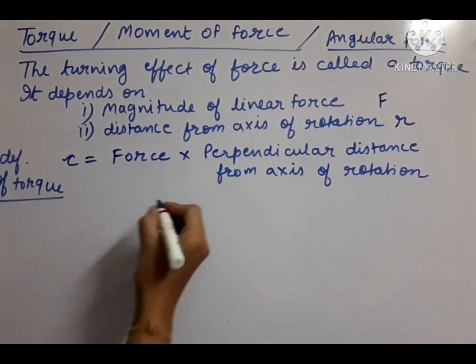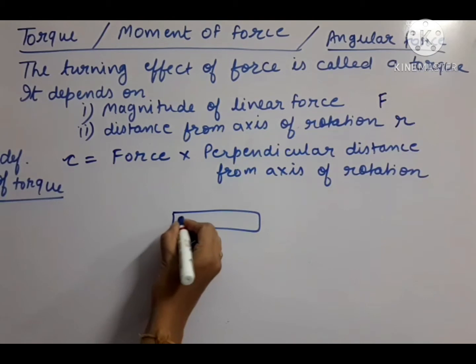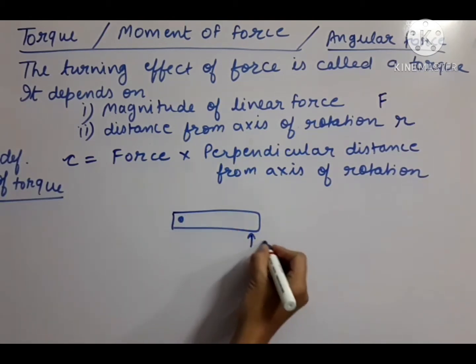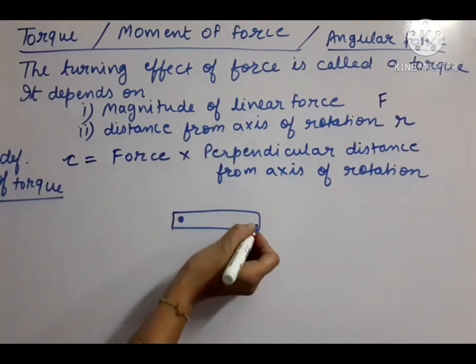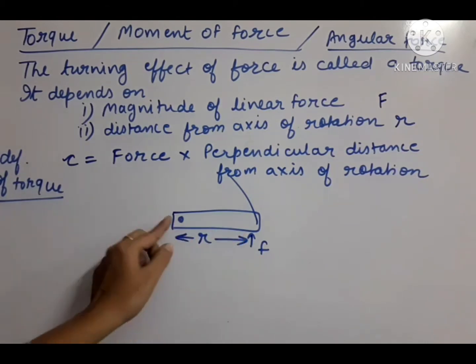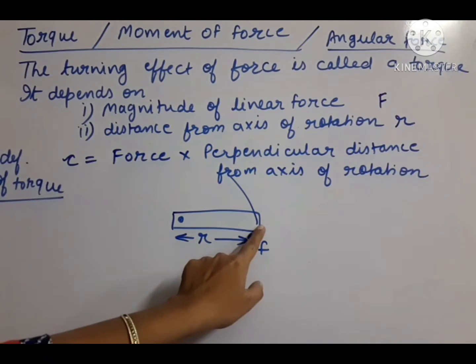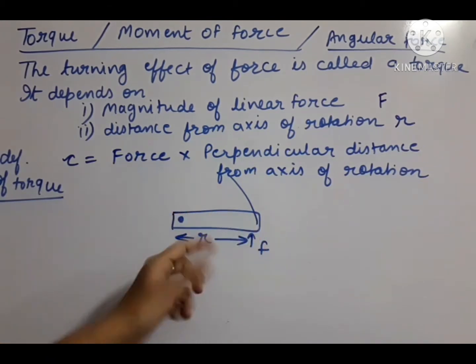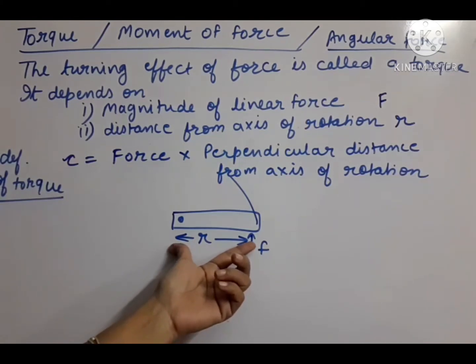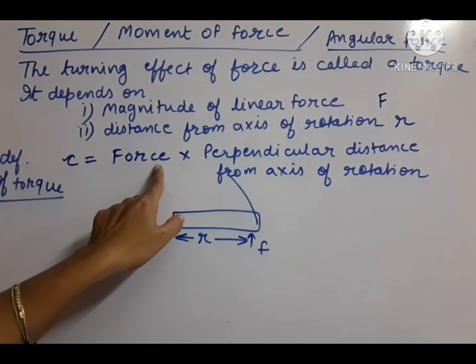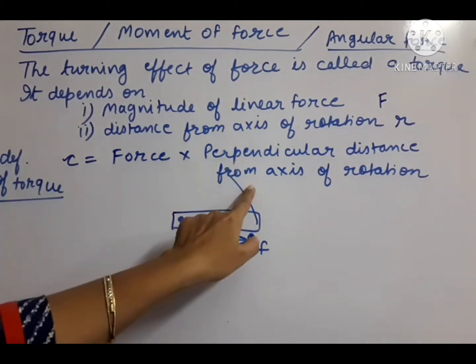As you have seen in the door case, if this is the hinge where the door is fixed, then we need to apply a linear force to move the door rotationally, and we need to apply it at the maximum distance from the hinge. The question comes: why are the handles of the door attached at the maximum distance from the hinge? Because this r distance also matters. So the torque formula is combined from two quantities, force and that perpendicular distance.